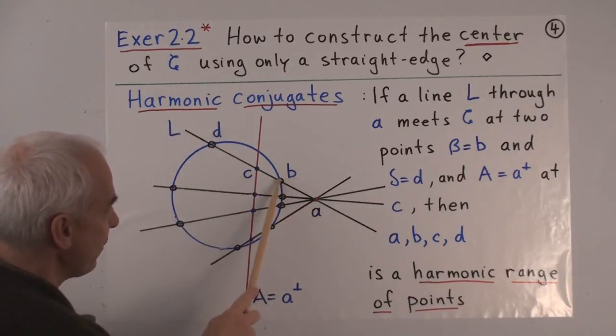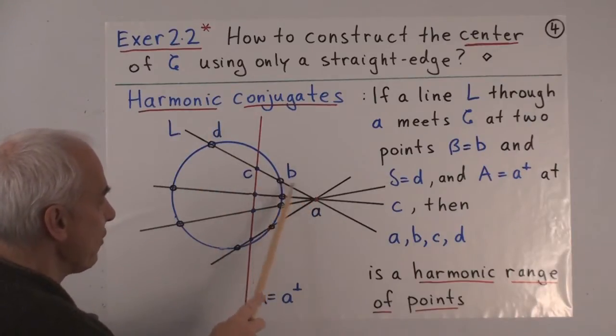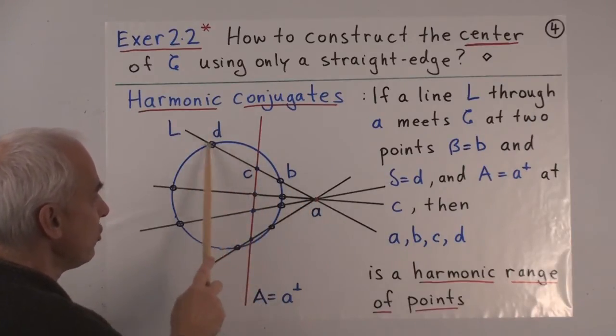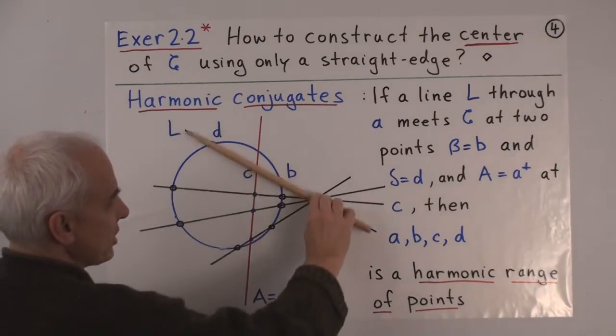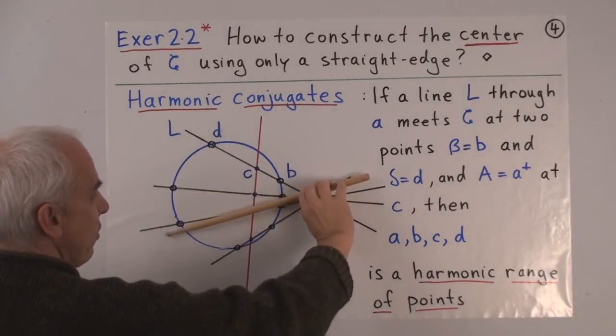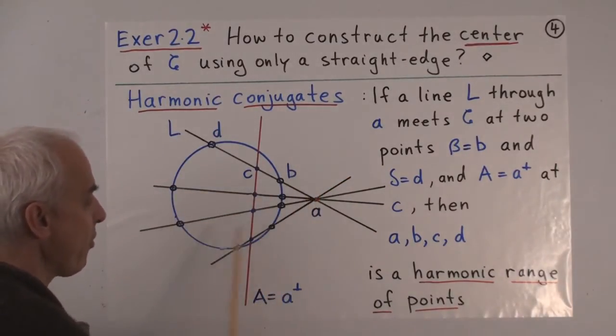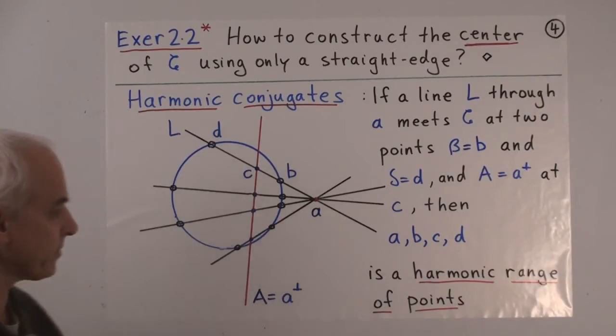So if we look at the ratio of this to this, that's also in the ratio of 1 to 2.5. And that works not just for those 4 points, but also for those 4 points, or those 4 points, or any 4 points formed by a line through A that meets the circle in 2 points.